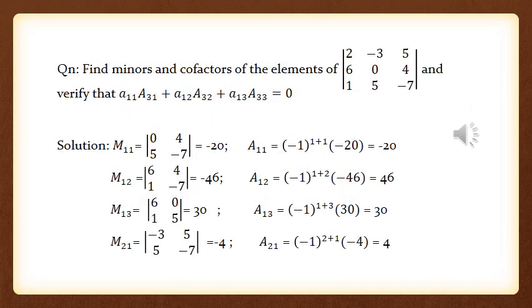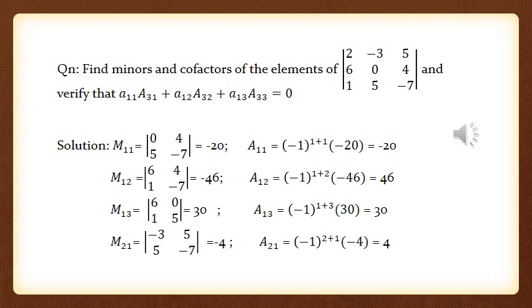Now there is one question for us. Find the minors and cofactors of the elements of the determinant 2, negative 3, 5, 6, 0, 4, 1, 5, negative 7, and verify that a11 A31 plus a12 A32 plus a13 A33 equals 0.